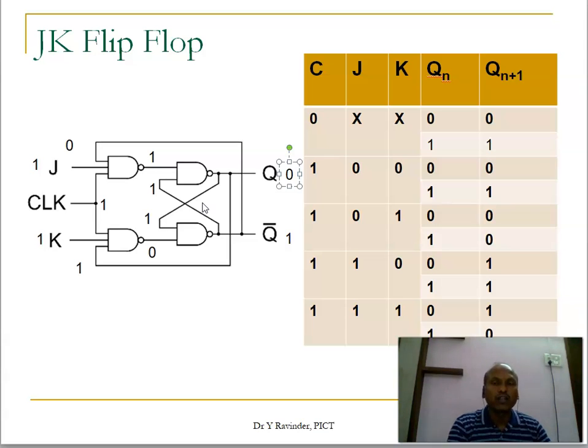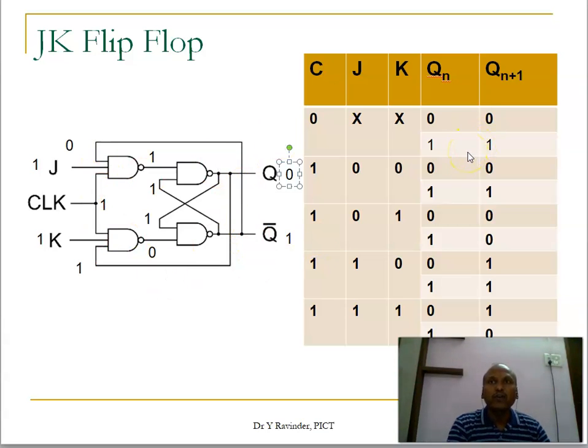But when both are 1, 1, the SR flip-flop ceases to be useful. Now to avoid that, we have added 2 more feedbacks here and that made the JK flip-flop.